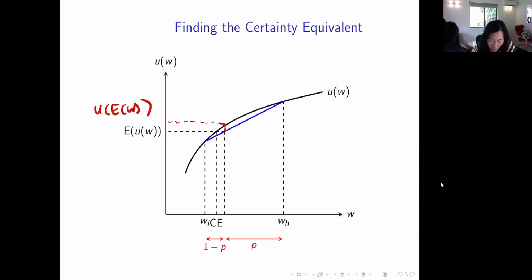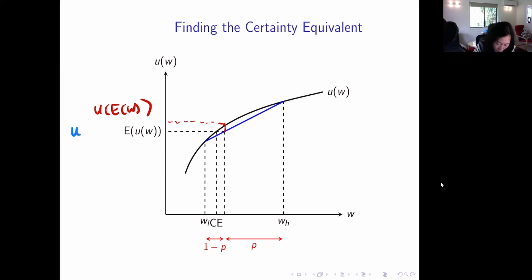So for this person to be indifferent, that means that his utility has to be exactly the same as EU(W).